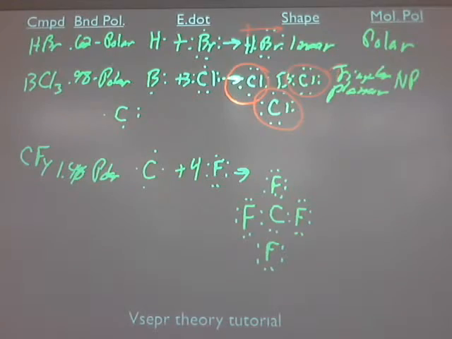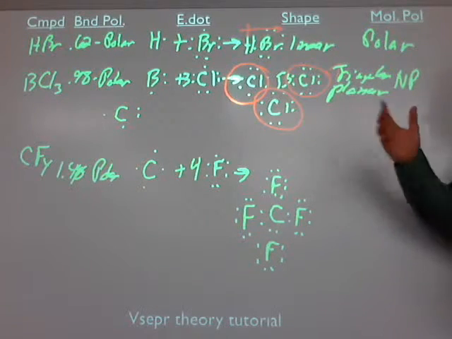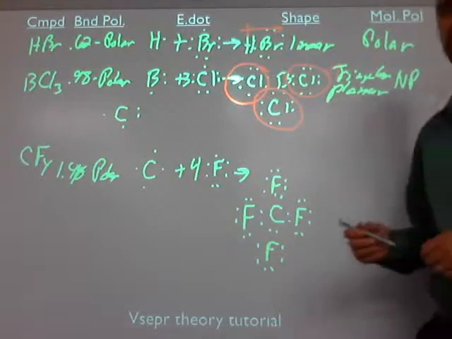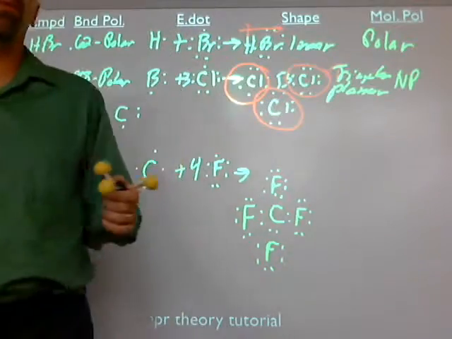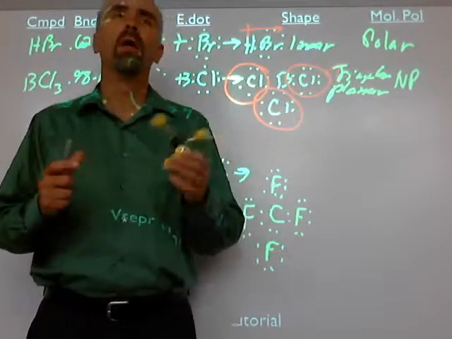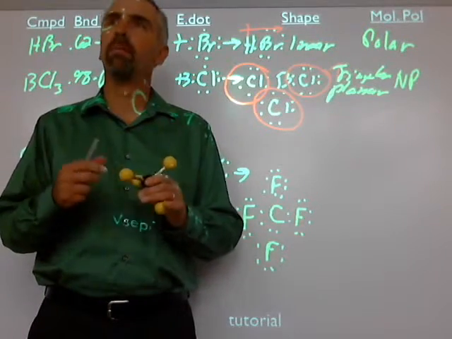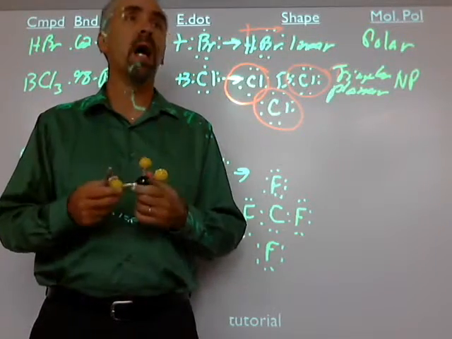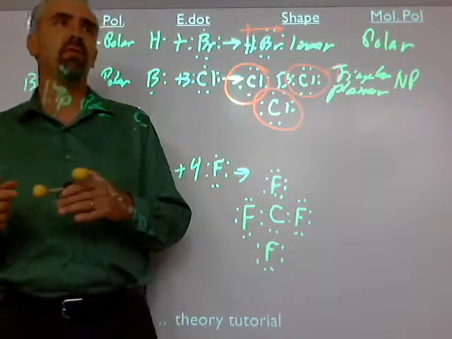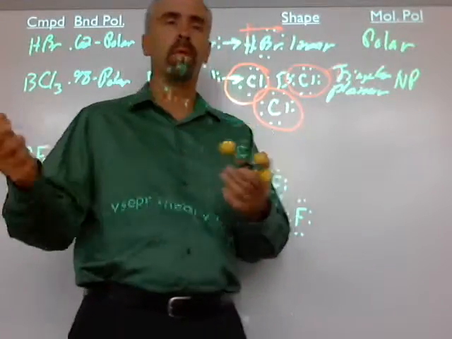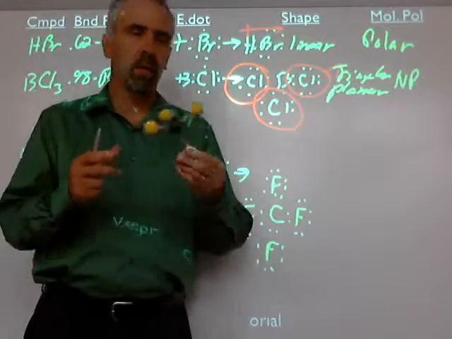Now, here comes VSEPR theory. We've got to use it to predict the shape and how that shape is going to affect the polarity of the molecule. I've already hinted at this shape when we were talking about carbon itself, about sp3 hybridization in, for example, a diamond, versus the sp2 hybridization in, for example, graphite.